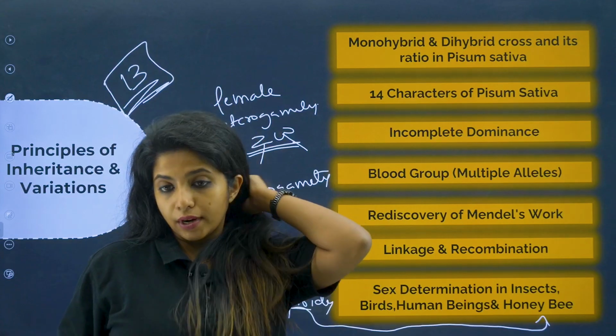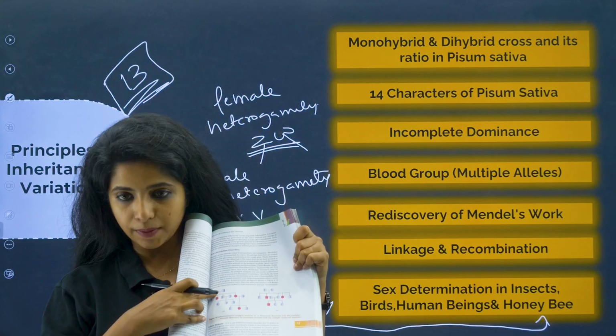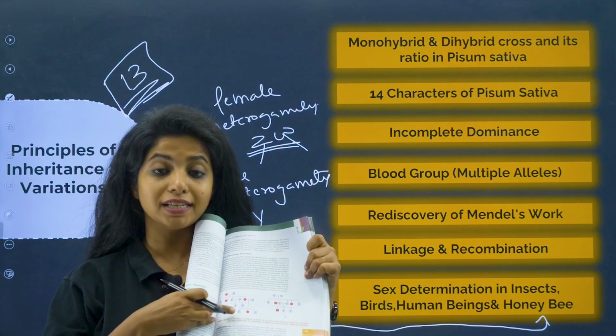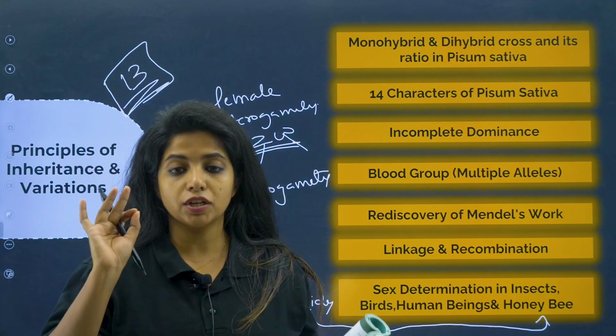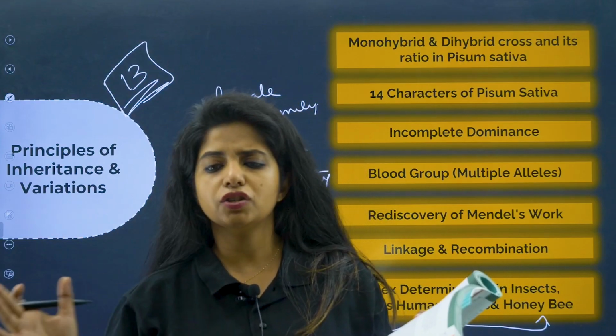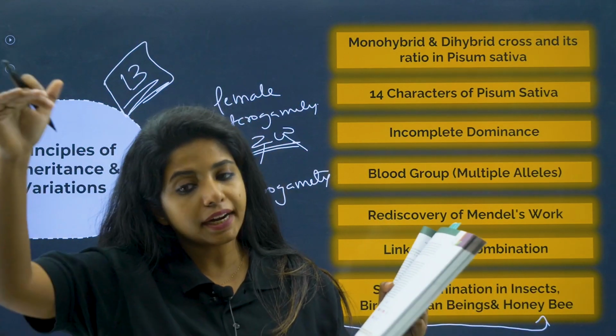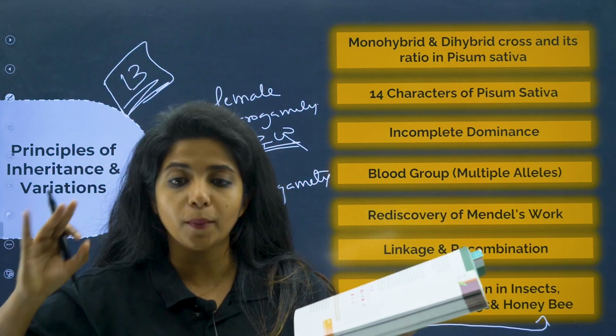So just for you to understand, if the disease is found in every single generation, if you see diseased organisms in every generation, that means it is dominant, autosomal dominant disease. The sex is not specified over here, and any sex is having this disease and it is found in every generation, then it is autosomal dominant disease.